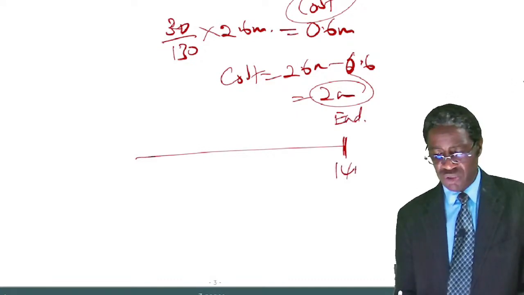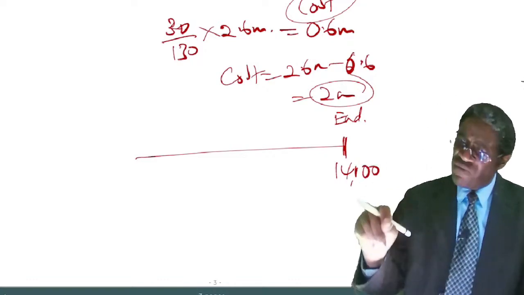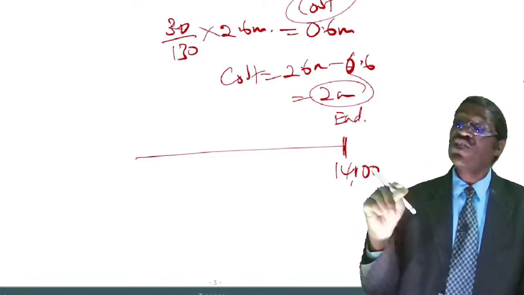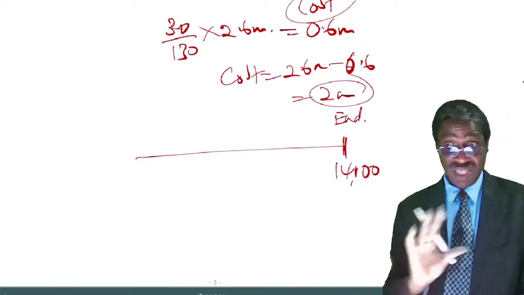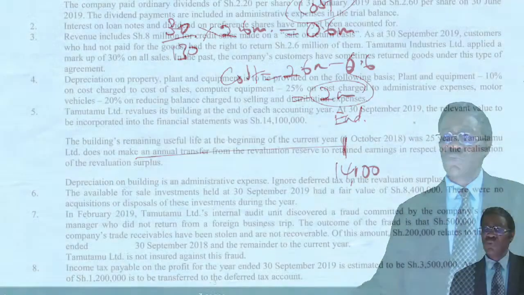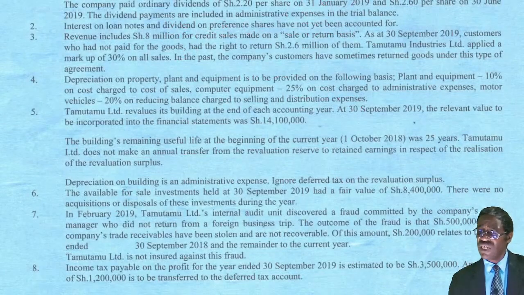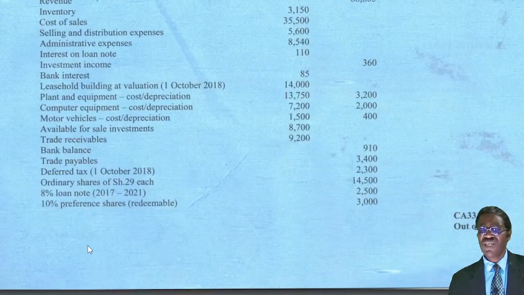To 14.1 million. So it is obvious by the end of the year, you will need to determine the gain or loss on revaluation. That's obvious. But when you look at the trial balance, we were not given the value at the end of the year. Let me roll the question. This building, we were given the values by the beginning.